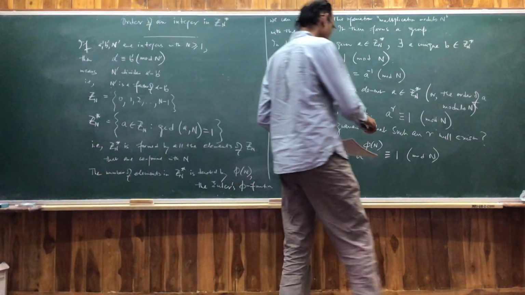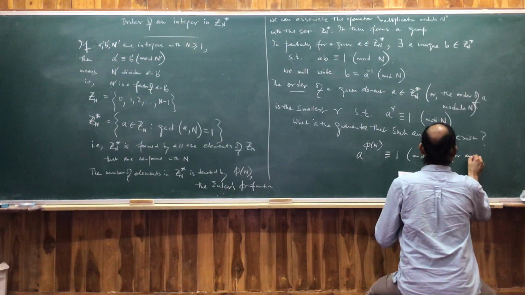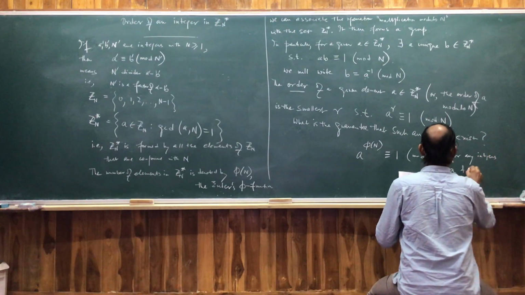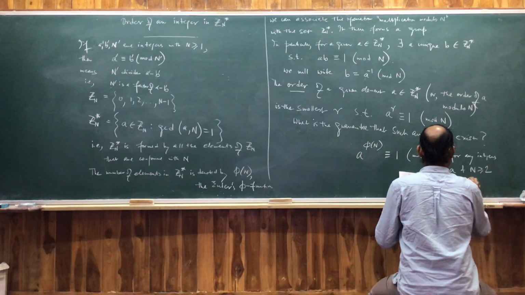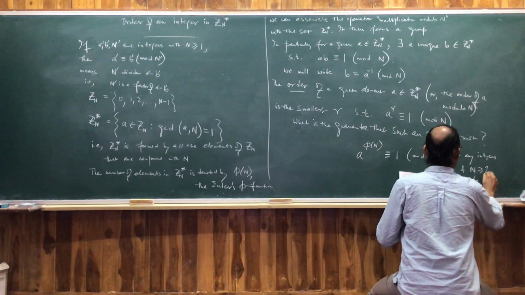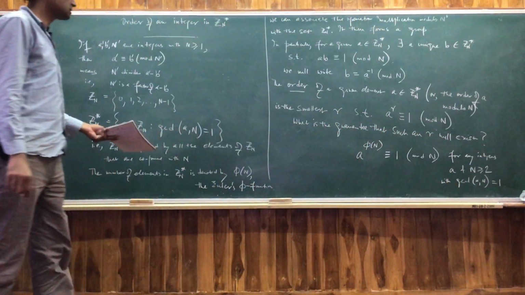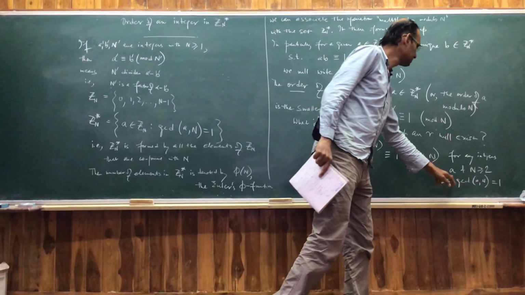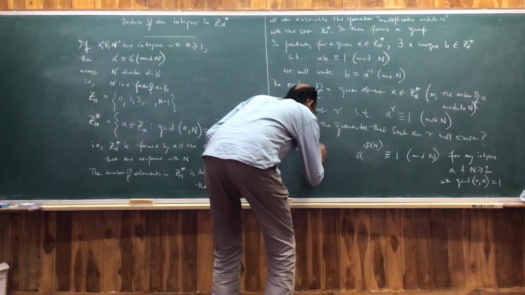This holds for any integers a and n, provided n is greater than 2, with the GCD between a and n equal to 1. In this case, a and n are co-prime. This is called another Euler theorem.